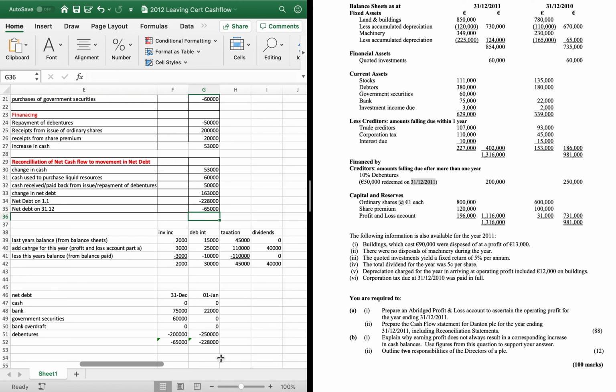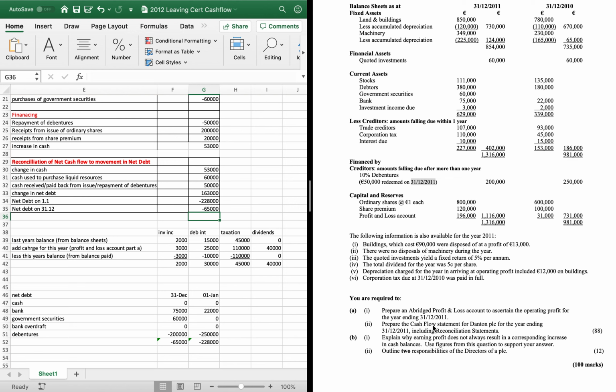You will always get theory in these, quite a chunk of theory, because you can see they're quite quick to do. So the theory is nearly always around cash flow forecasts, and there will always be around the same sort of questions around non-cash items or the reasons why cash flow forecasts are prepared. So this question: explain why earning profit does not result in a corresponding increase in cash.